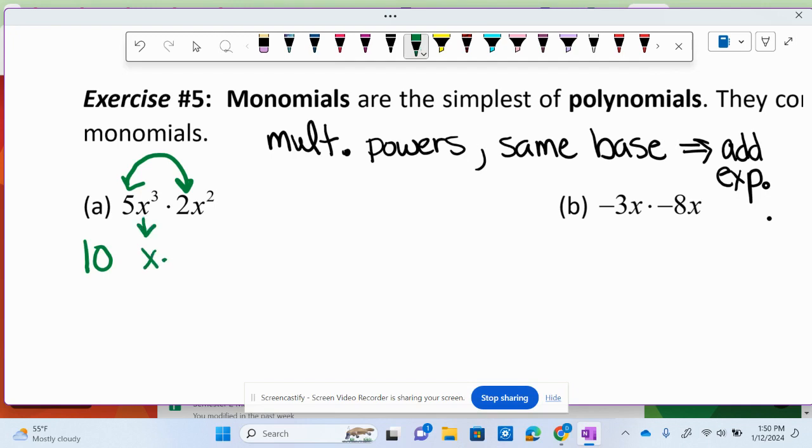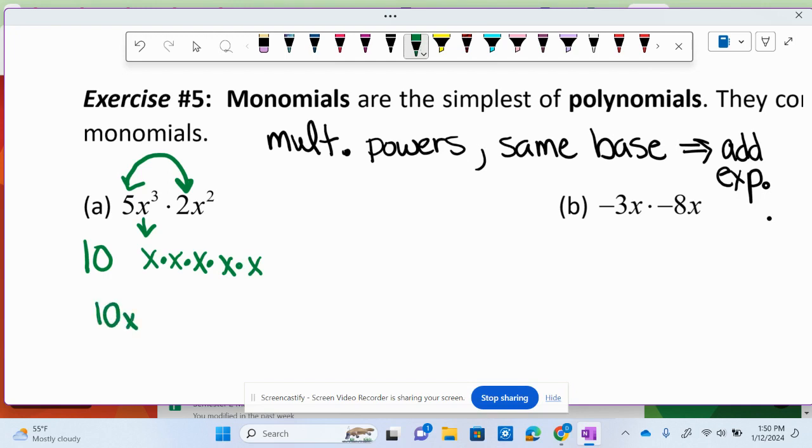Talk to me about what x cubed is. Well, x cubed is really x times x times x. Is that true or false? That is true. And x squared is really x times x. Yeah, you just add, how many x's am I multiplying together? 5 of them.